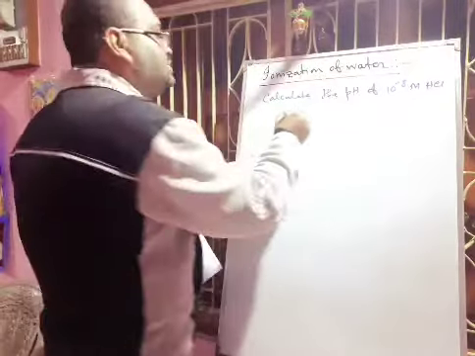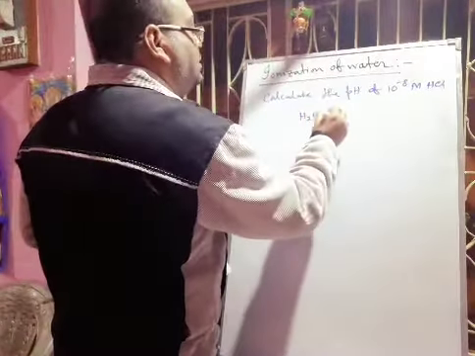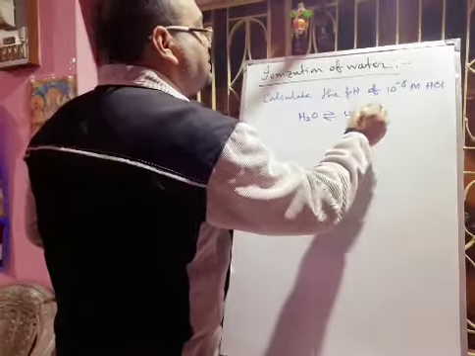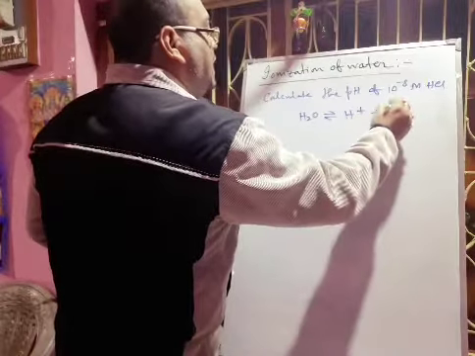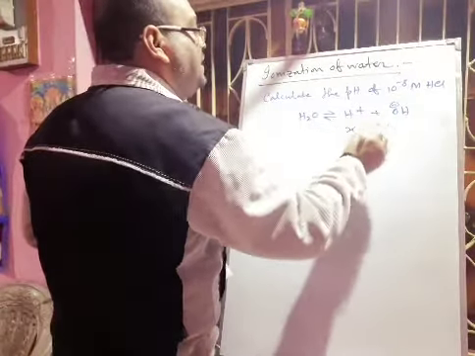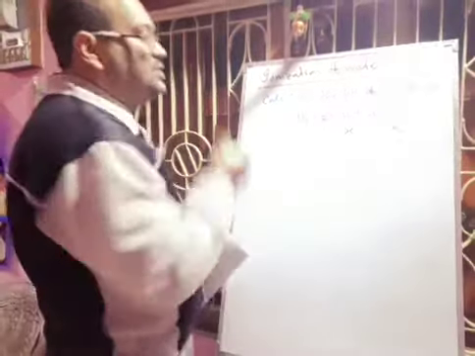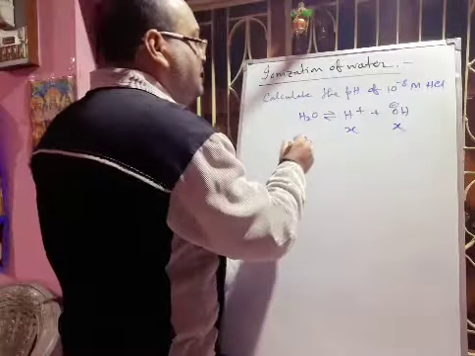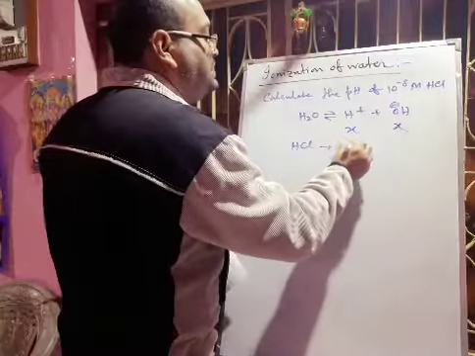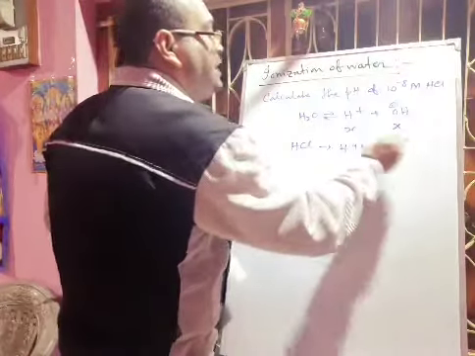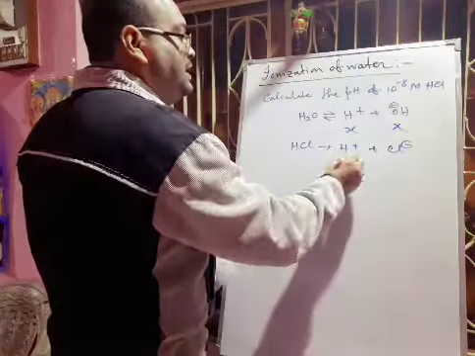Suppose this is the water, it will dissociate into H plus and OH minus, and here we are considering X moles per liter, and this is also producing X moles per liter. As well as that, you are using HCl, so HCl will dissociate to give H plus and Cl minus. So here H plus concentration is 10 to the power minus 8.